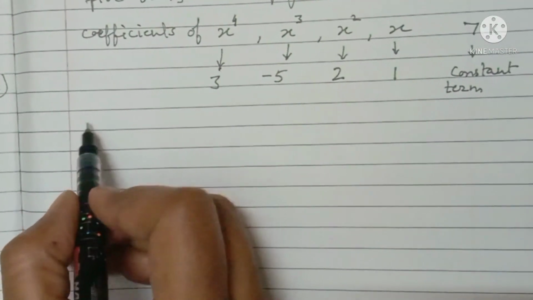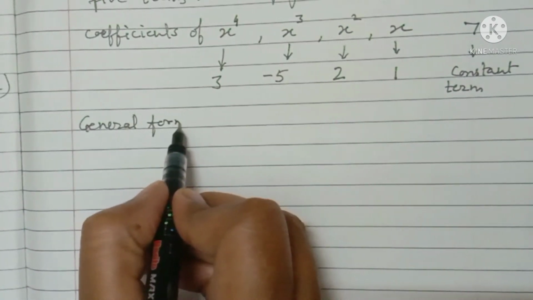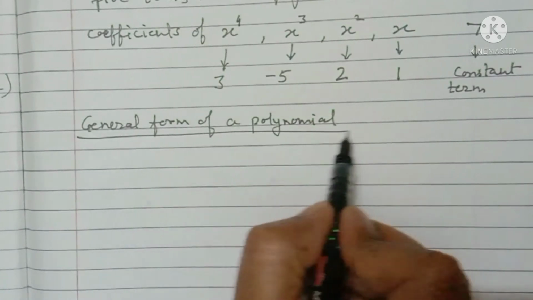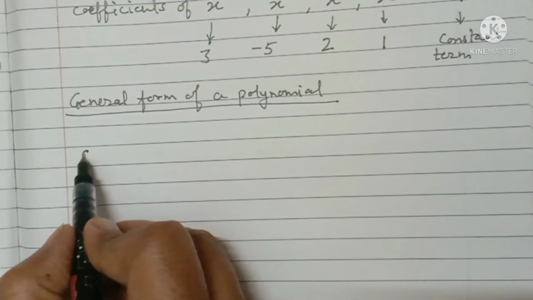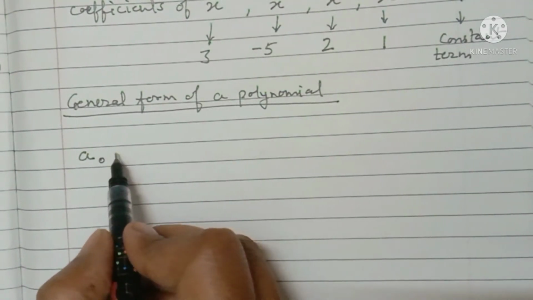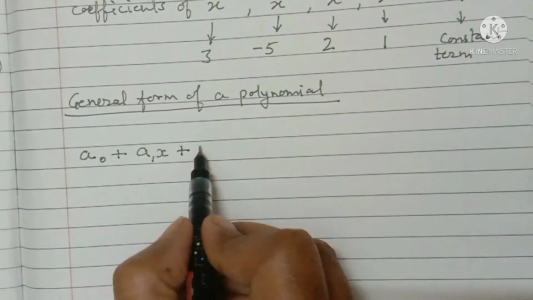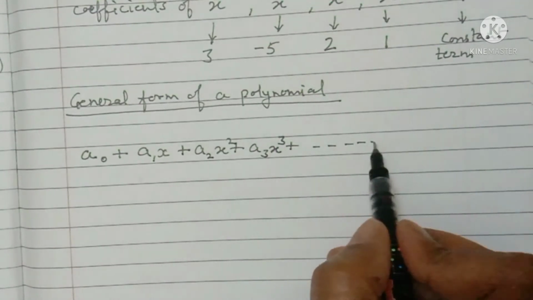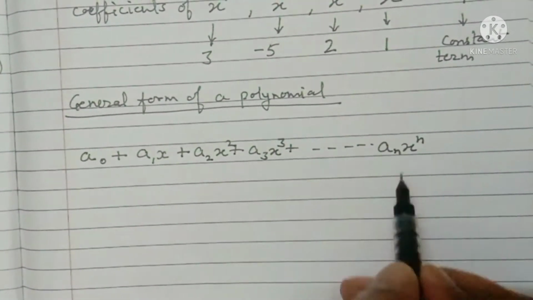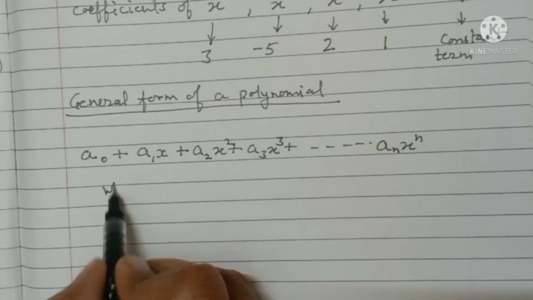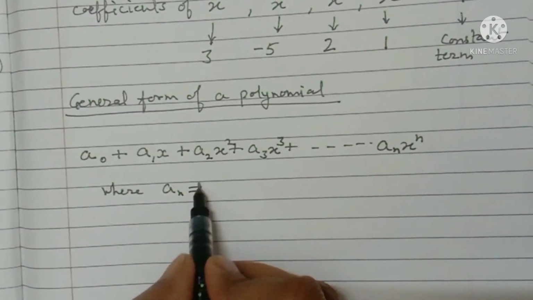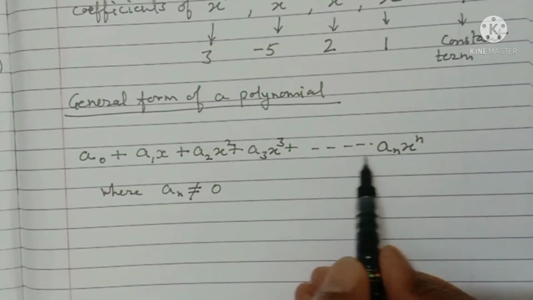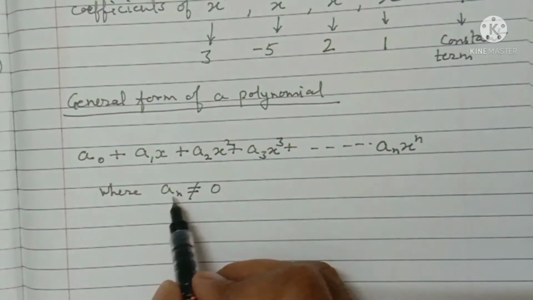Now general form of a polynomial is like this: a0 plus a1x plus a2x square plus a3x cube plus, and it is continued up to an x to the power of n, where an is not equal to 0, and this polynomial is of the degree n.